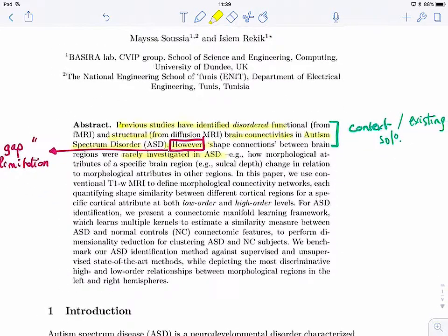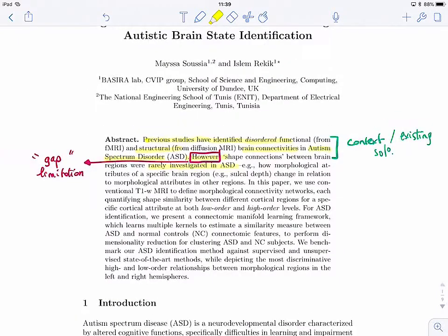And so in this paper, we use conventional T1 MRI to define morphological connectivity networks, etc., at both low order and high order levels. And we also present a connectomic manifold learning framework, which learns multiple kernels to estimate the similarity measure between ASD and normal controls.